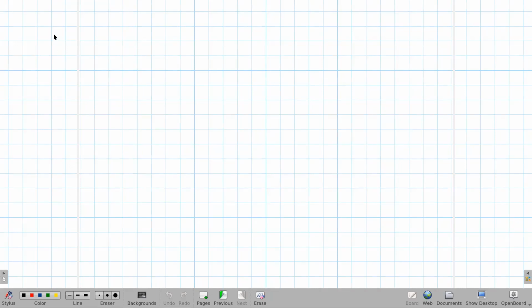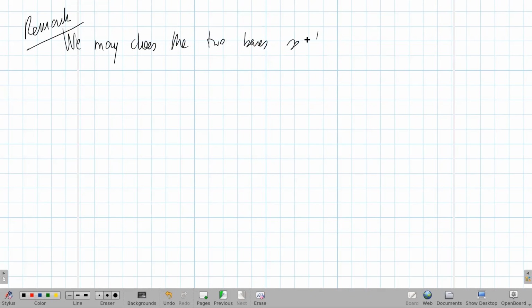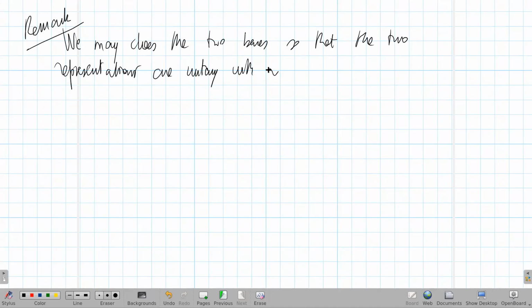Remember that I've shown at the beginning of the course, and then used in the second proof of Maschke's theorem, that we may choose the two bases so that the two representations are unitary with respect to, say, the standard inner product.